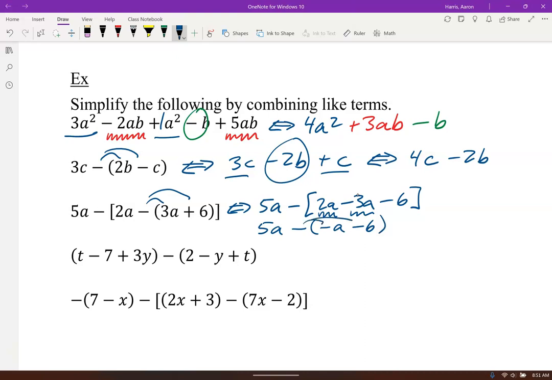And now I would distribute that negative through. So I have 5a, negative times a negative a is a plus a. Negative times a negative 6 is a positive 6, and then I combine like terms. 5a plus 1a is 6a plus 6.